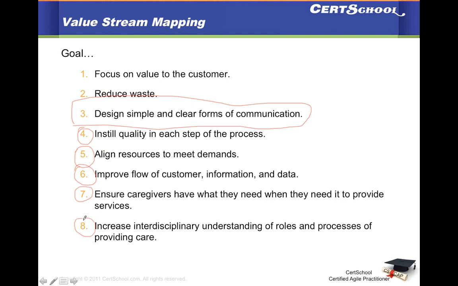Number 8, increase interdisciplinary understanding of roles and processes of providing care. This is a high level goal to make sure that the roles are very clearly defined on who does what, and that the resources involved in the whole process have a very clear understanding of their roles too.